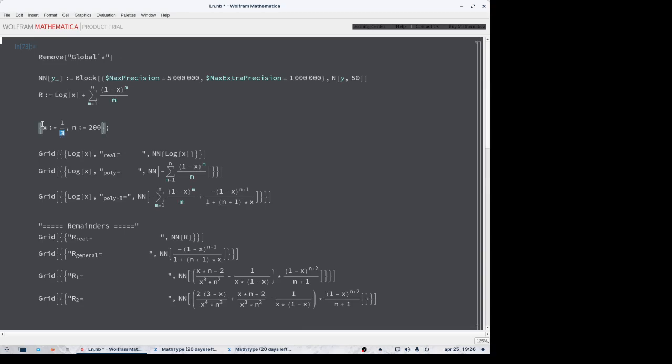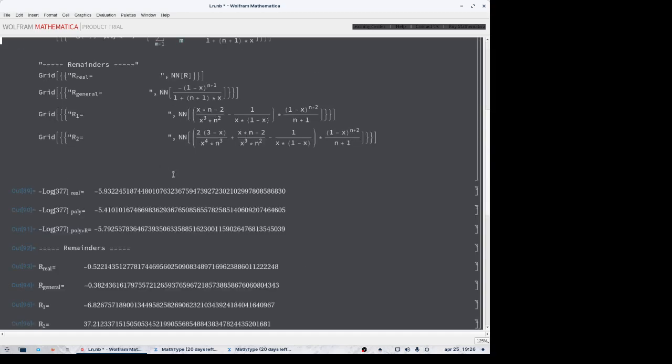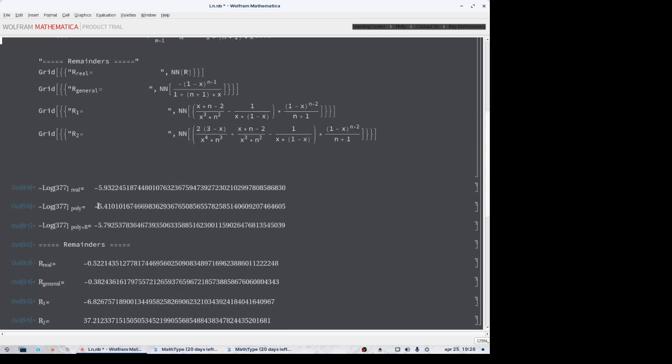The problem starts when you are using a big number here like 377 or some bigger numbers. You can see even the polynomials get worse again. Not even 1 decimal point is computed.